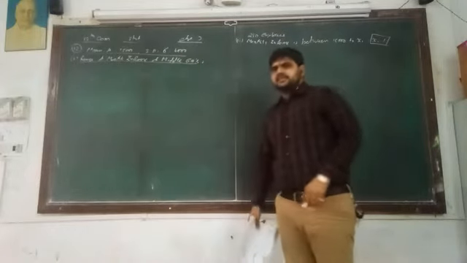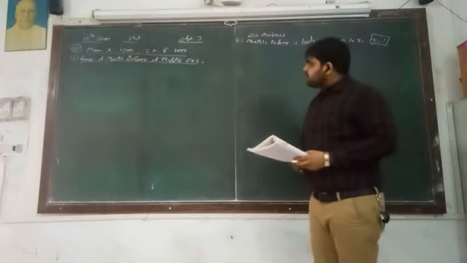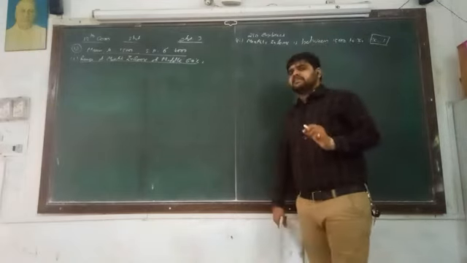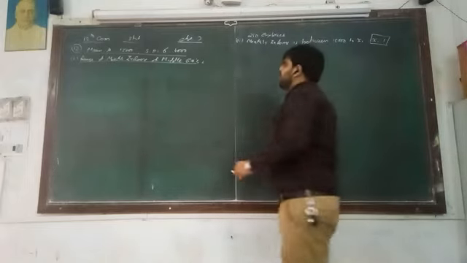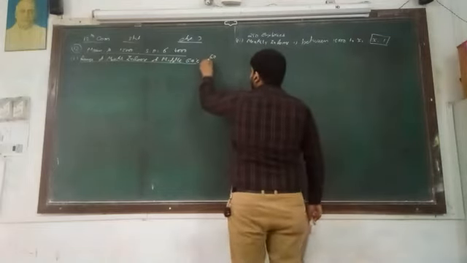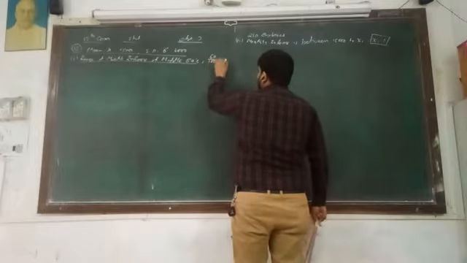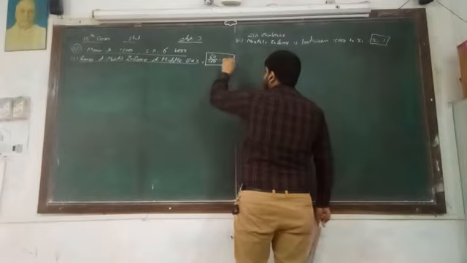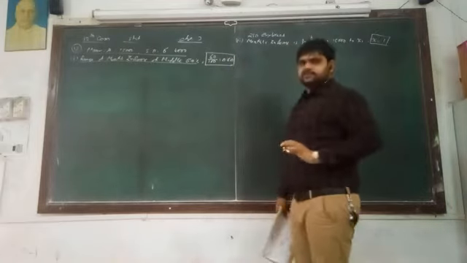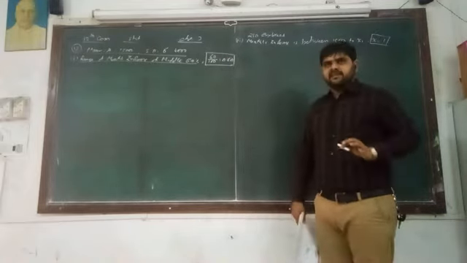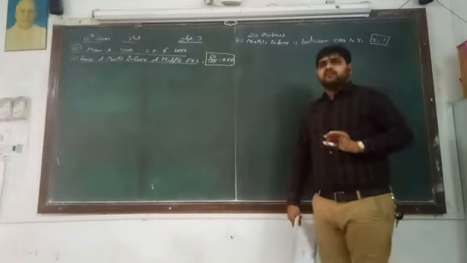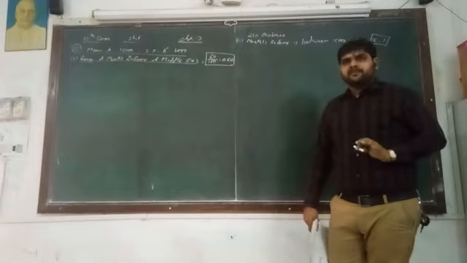So let us discuss the answer part. This is the range of monthly income of the middle 60%. 60% means 60 divided by 100, that is 0.60. As we discussed yesterday, whatever percentage is given, we have to divide it by 100, so we get the value of probability.